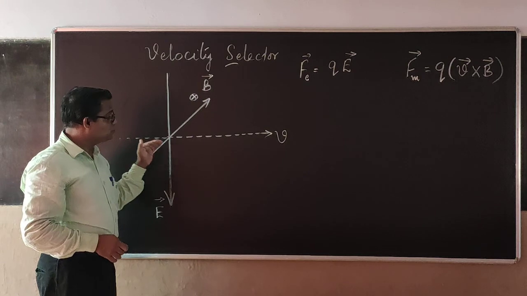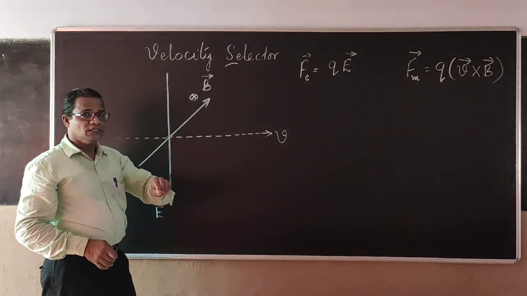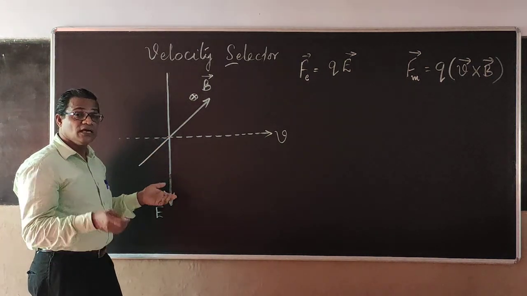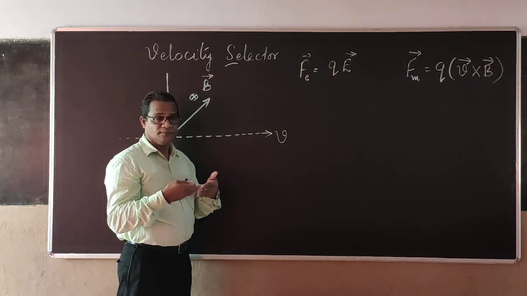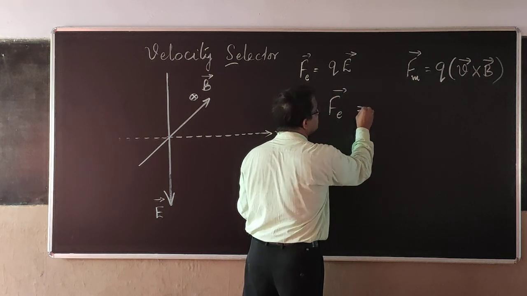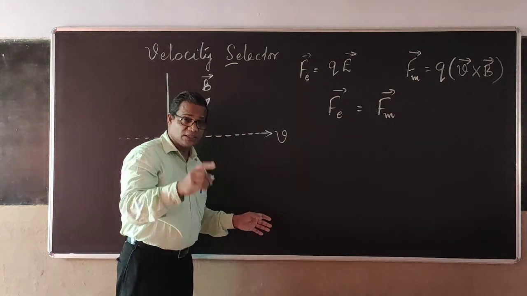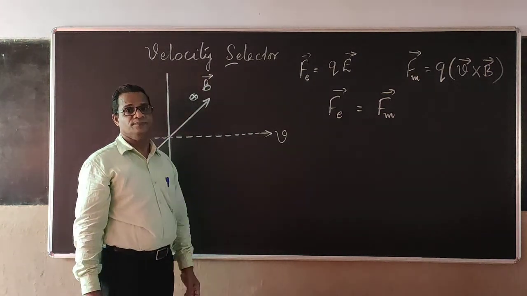But a very few will be going straight onwards, where the effect due to the electric force and the effect due to the magnetic force are balancing. That means Fe will be equal to Fm for those particles which are getting selected with a constant velocity.